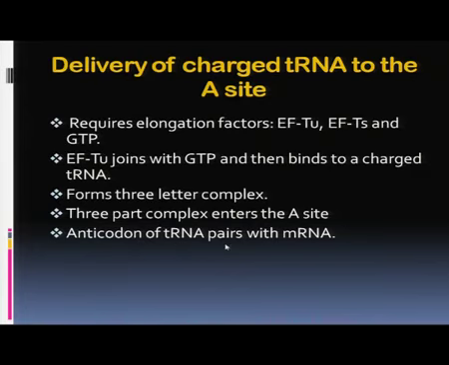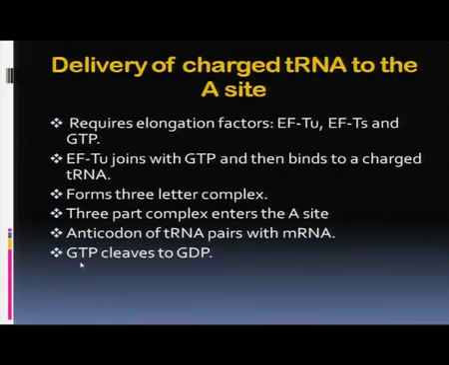Anticodon of transfer RNA pairs with messenger RNA. Whatever codon is there in the messenger RNA, accordingly the anticodon of the transfer RNA will come and bind complementarily with the codon of the messenger RNA.